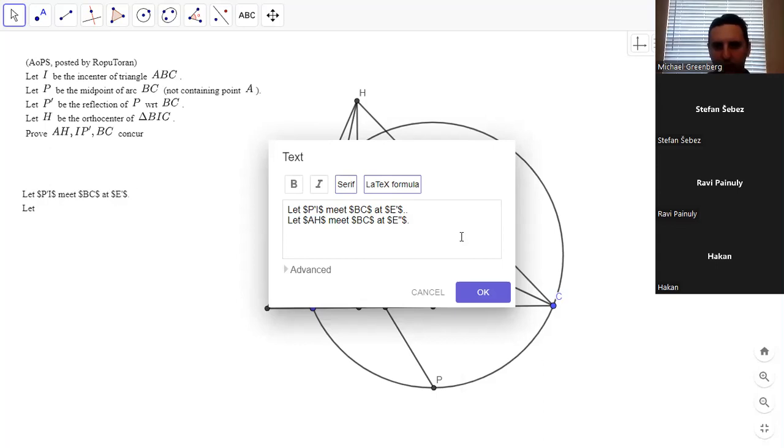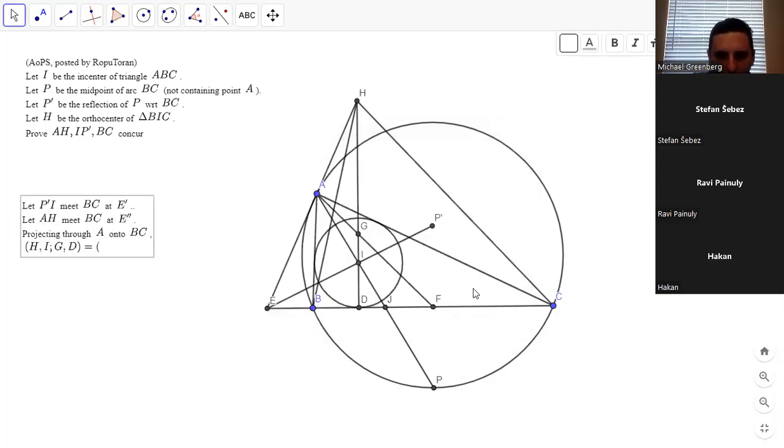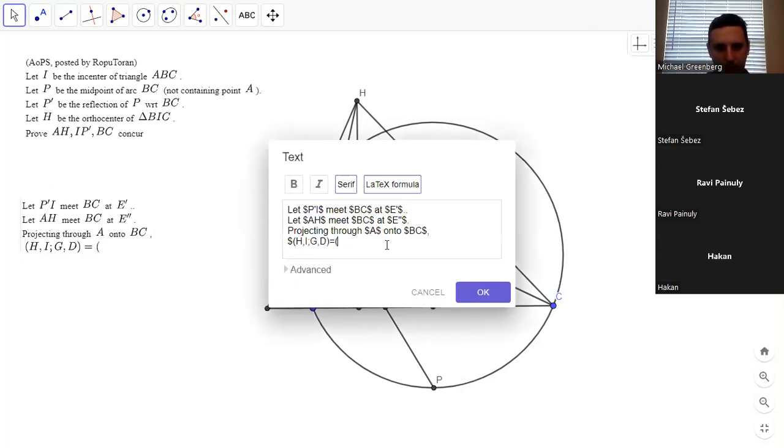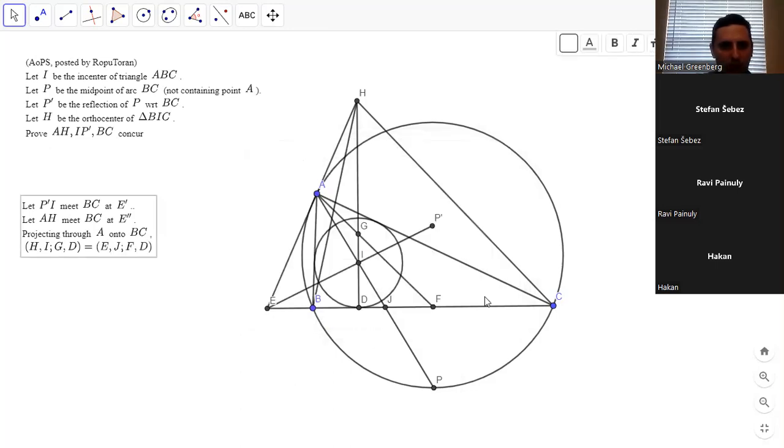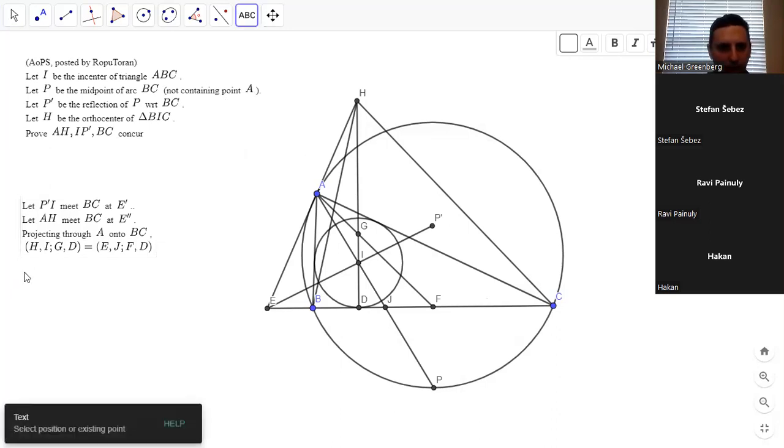And then projecting through A onto BC, then we have HIGD is equal to EJFD. And projecting through I onto BC.